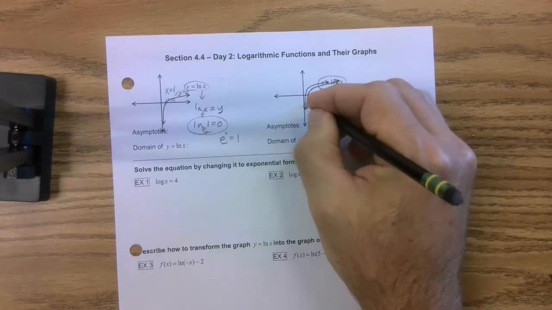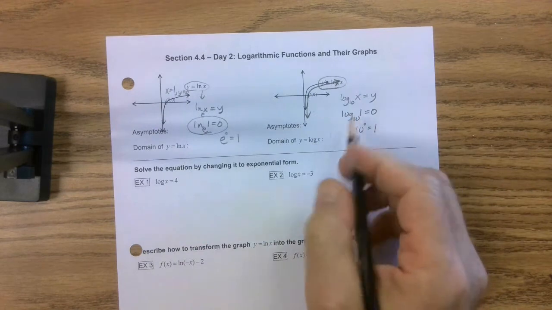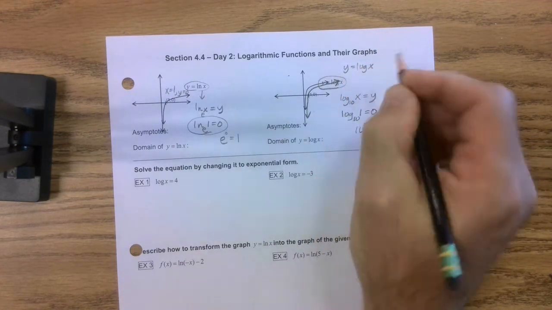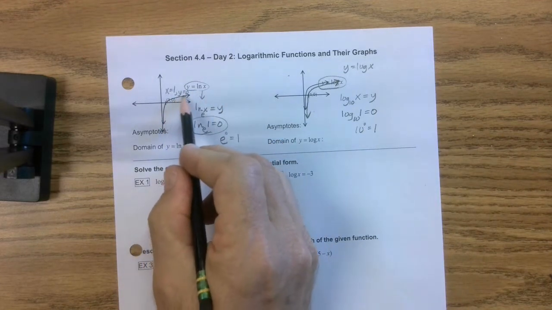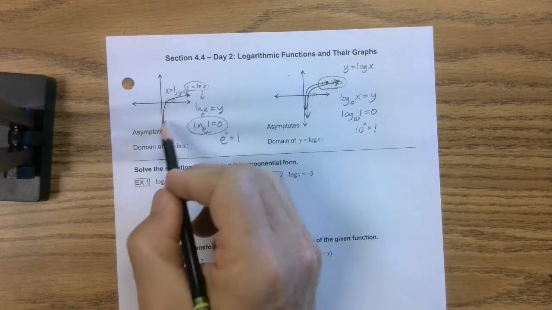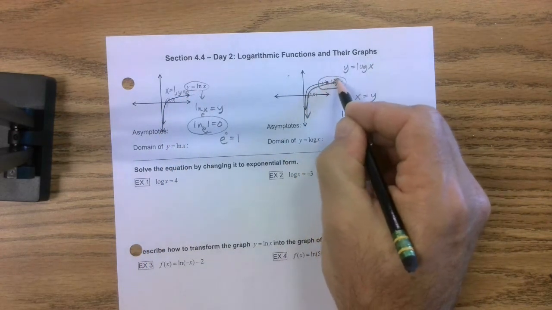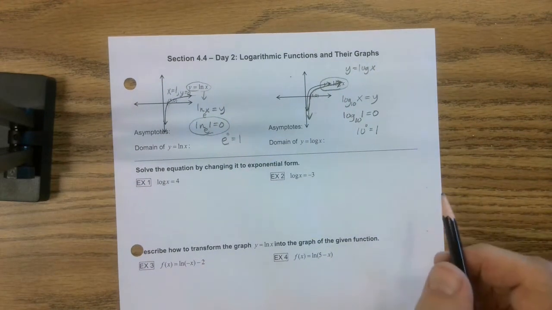Now, what I want you to understand in this class is that the difference between y equals log of x and y equals the natural log of x is very small, extremely small. This one's flatter, this one goes up a little faster, but I'm not going to be too worried about that, okay?